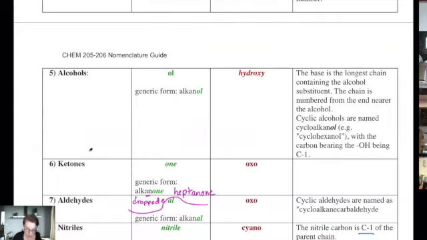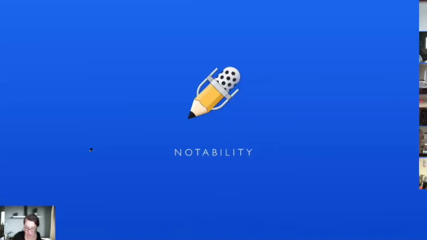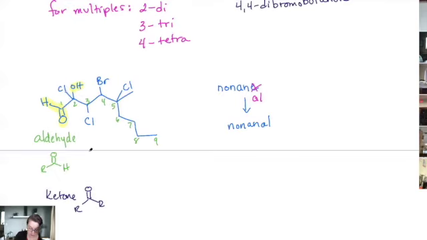Okay, so an alcohol, when it's a substituent, is called hydroxy. So go back. And on my list, I'm going to say at carbon 2, I have a hydroxy group. Okay. Now also at carbon 2, I have a chloro group.